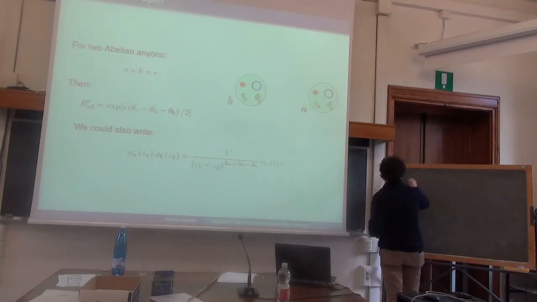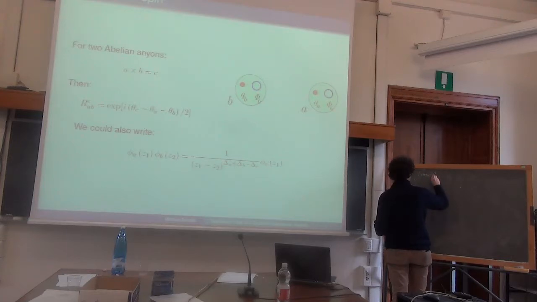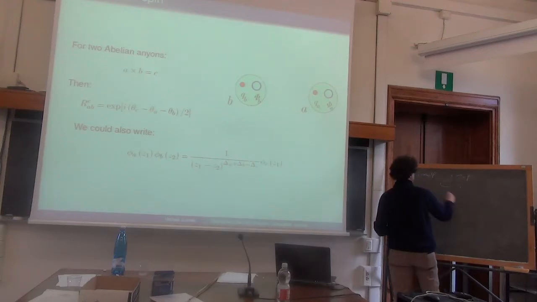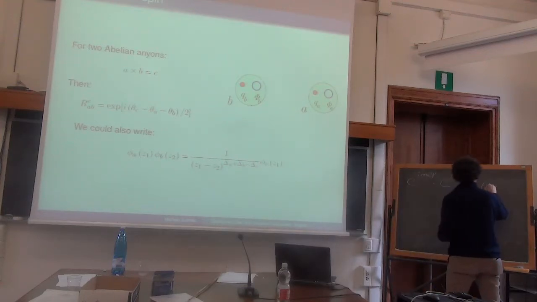I take e to the i m_A phi and e to the i m_B phi, and their product gives me (z1 minus z2) to the power m_A m_B times the operator e to the i (m_A plus m_B) phi.